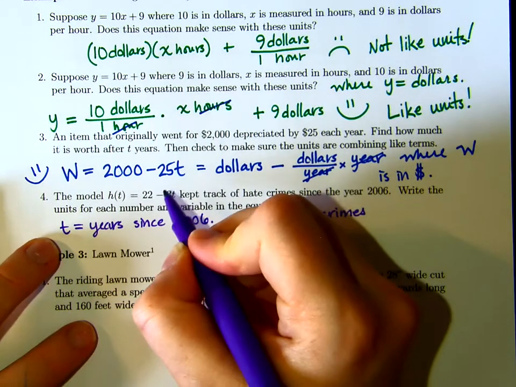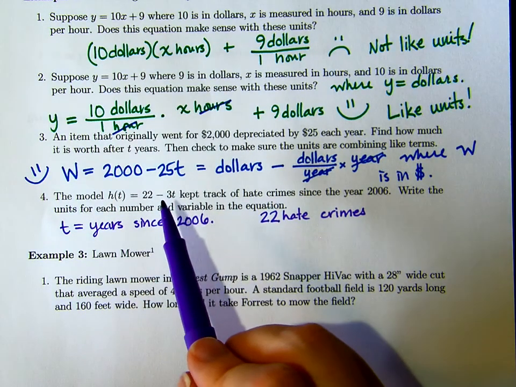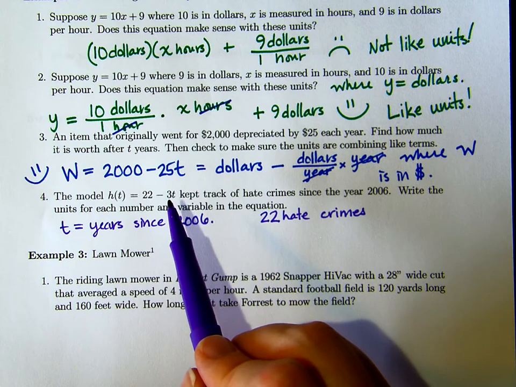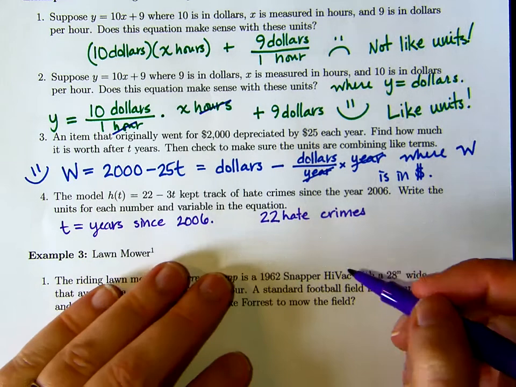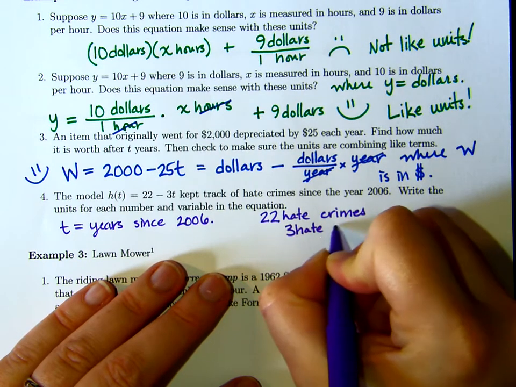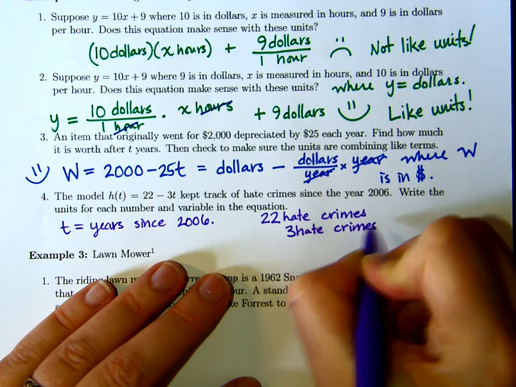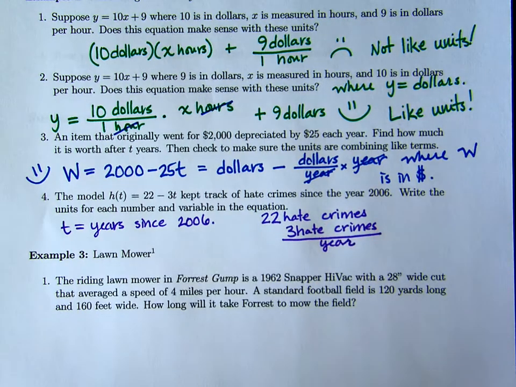And the label on the 3 is how much it is consistently going up or down, and it's going down by 3 each year. What's going down by 3 each year? The number of hate crimes. So this is 3 hate crimes per year, right?